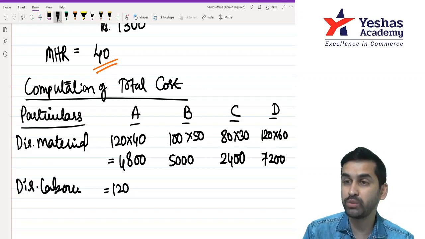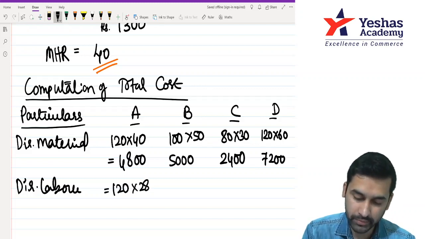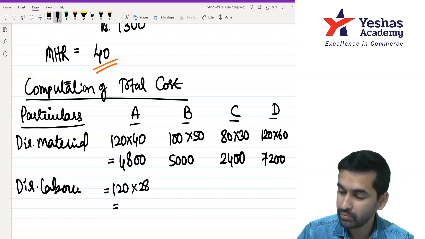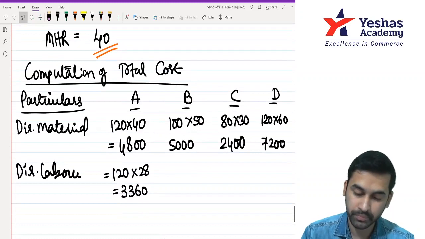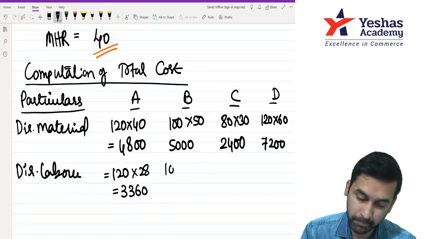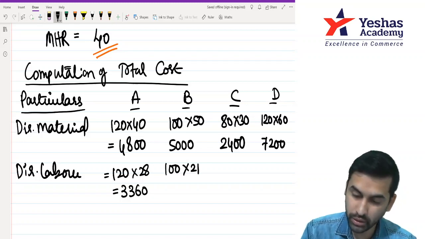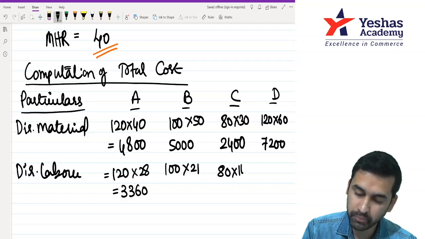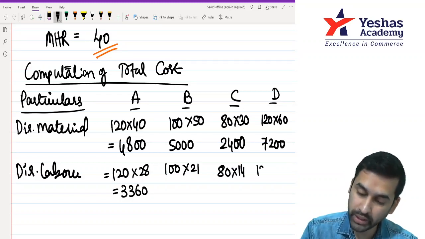Same way, number of units 120, labor cost per unit is 28, giving 3360. Product B will be 100 into 21. Product C will be 80 into 14. D will be 120 into 21.